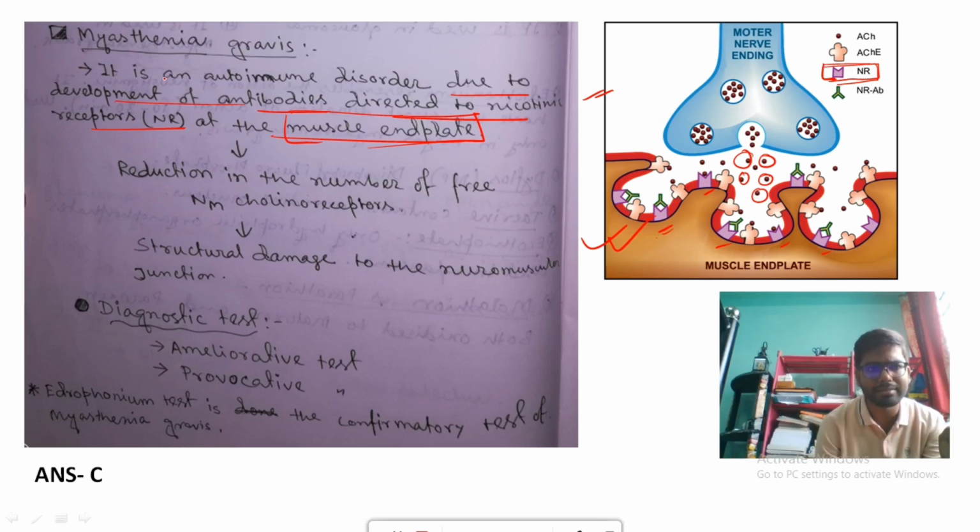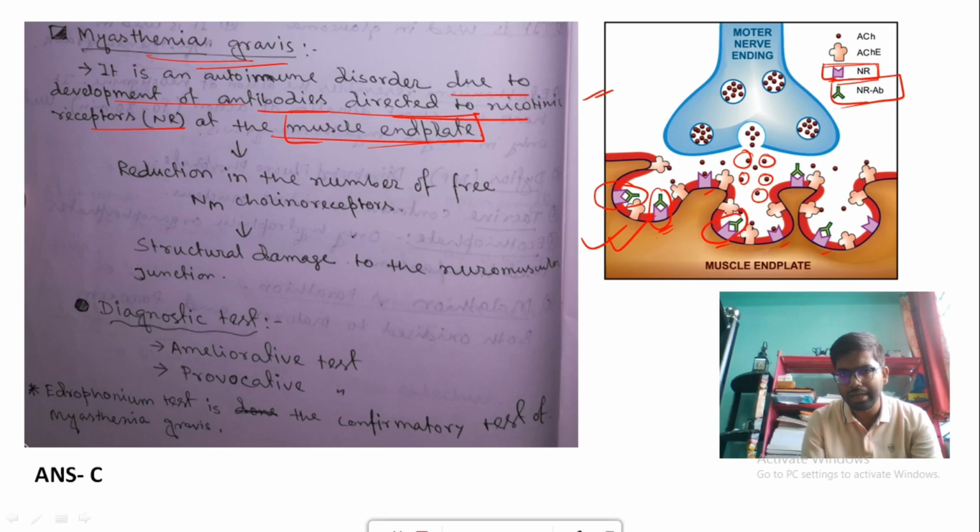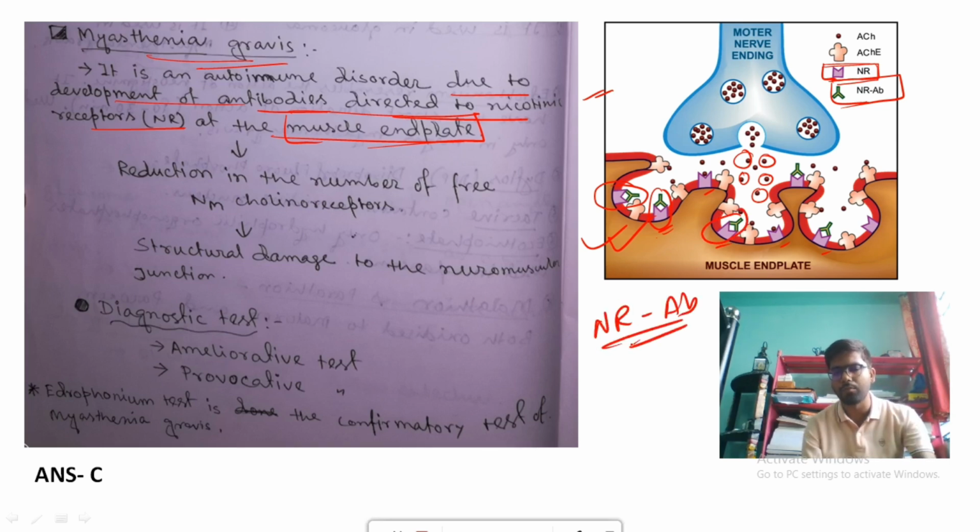But in case of myasthenia gravis, a specific antibody is produced which blocks the binding portion of the nicotinic receptor. It attaches with the nicotinic receptor, and a nicotinic receptor antibody complex is formed.